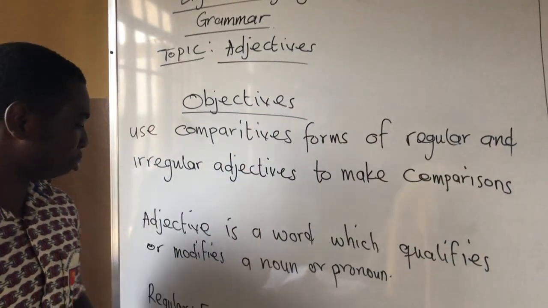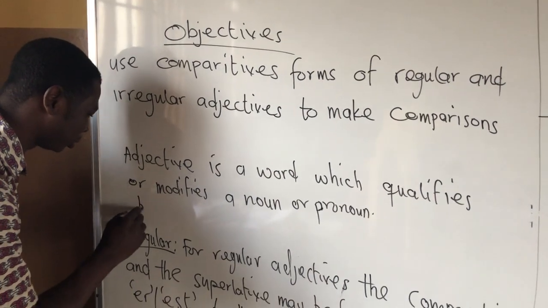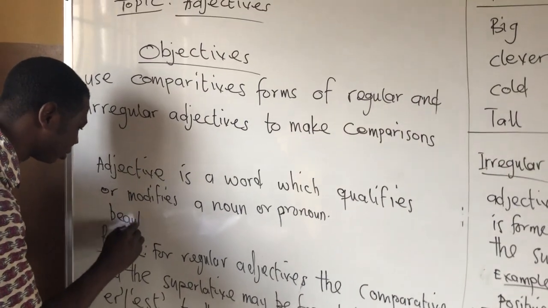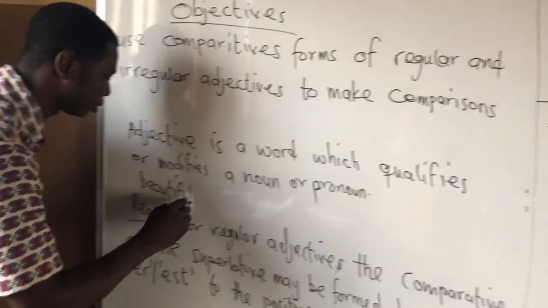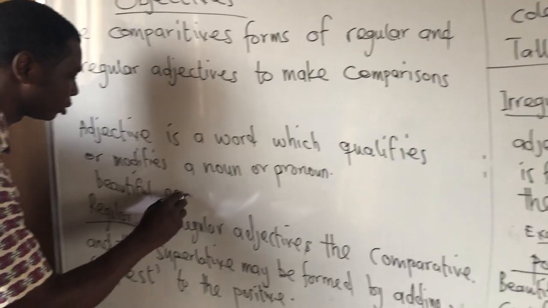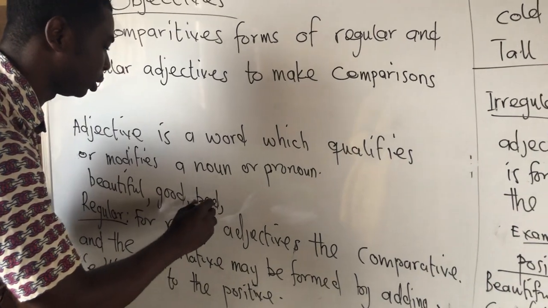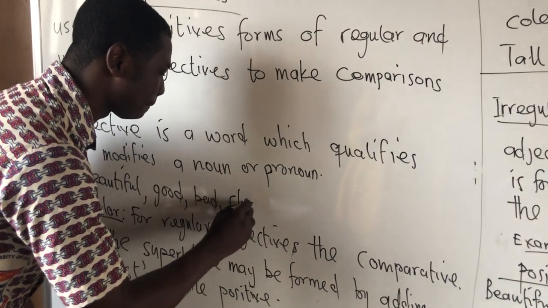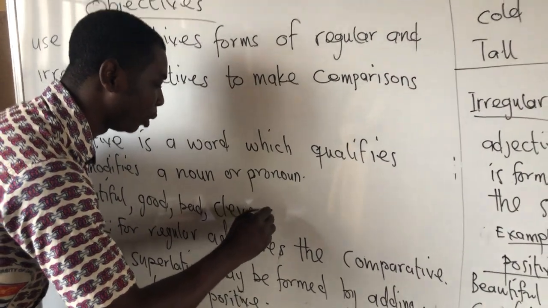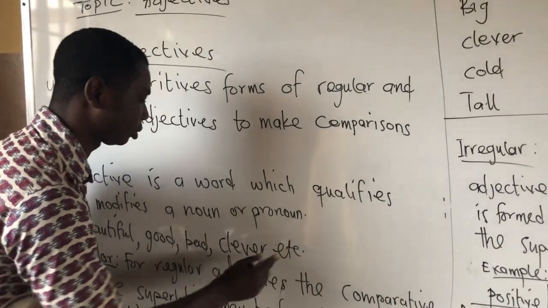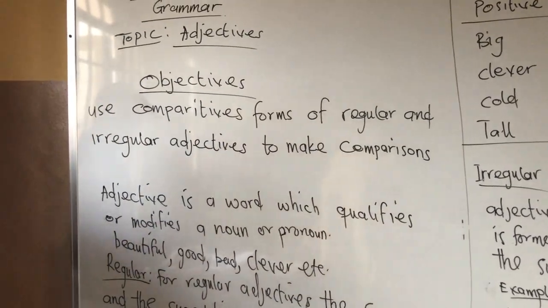You tell me: beautiful, good, bad, clever, and a lot more. Good or intelligent.